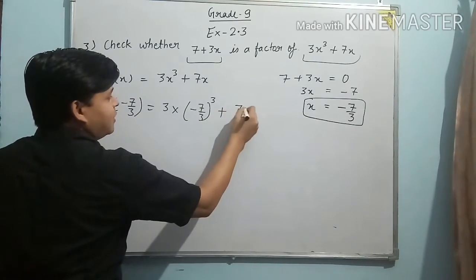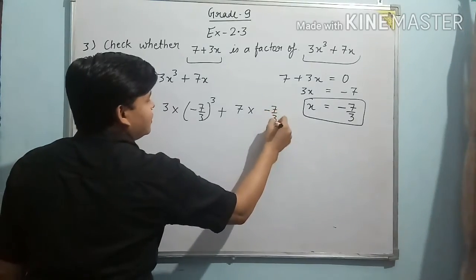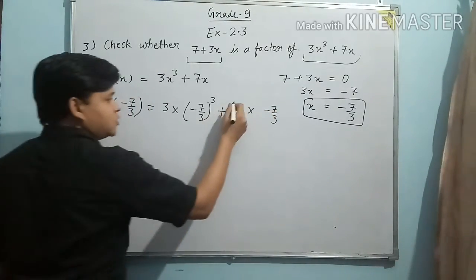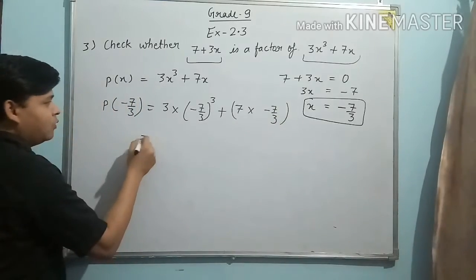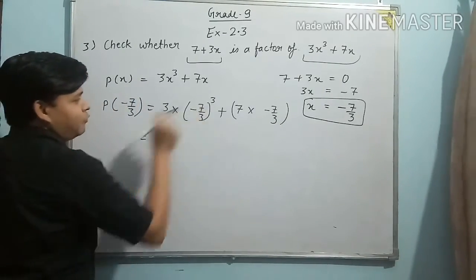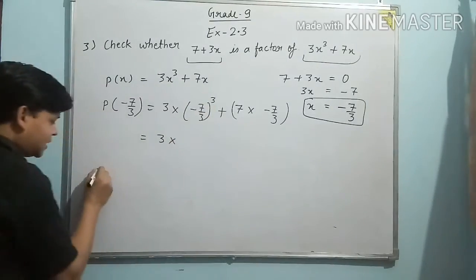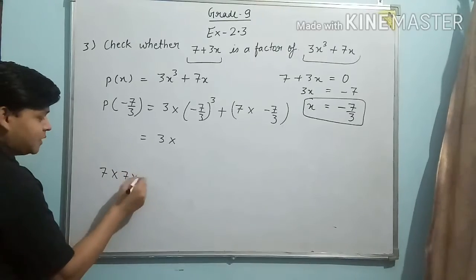Then 7 multiply minus 7 upon 3. So I am putting this in bracket. Now that's all. 3 multiply, and here we have to find out the cube of 7. That means cube of 7 means 7 multiply 7 multiply 7.